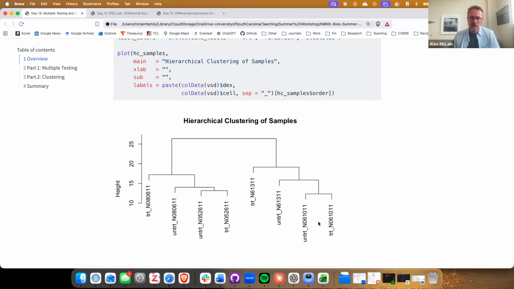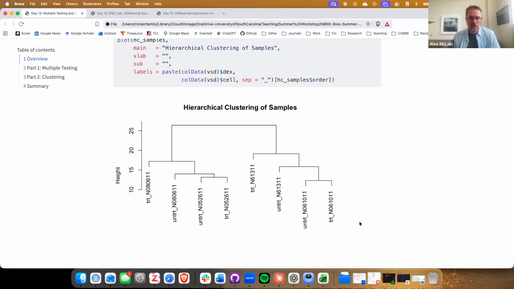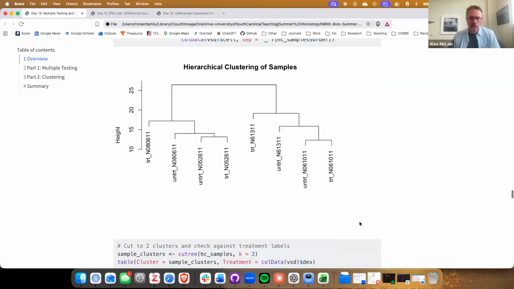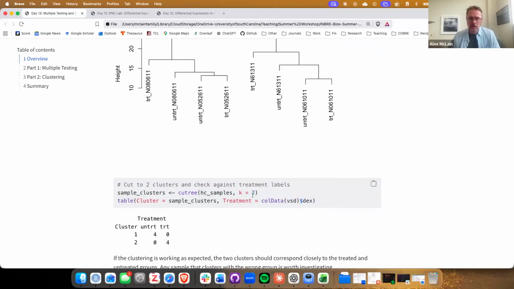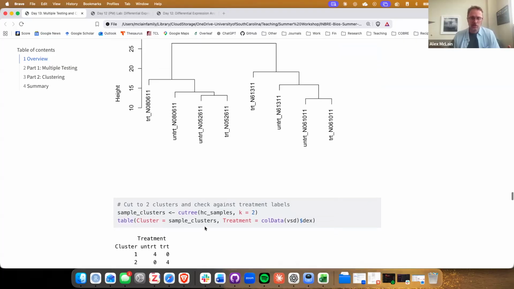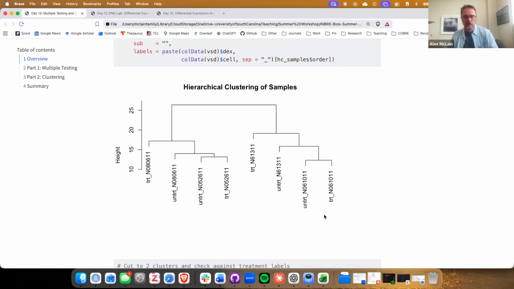So there's a mix of treated and untreated in here. And I was like, God, that's really funny. Especially because down here, when I said, all right, let's do 2 clusters, how does that separate by treatment? It actually separates perfectly by treatment. So something was wrong when I was looking at this.